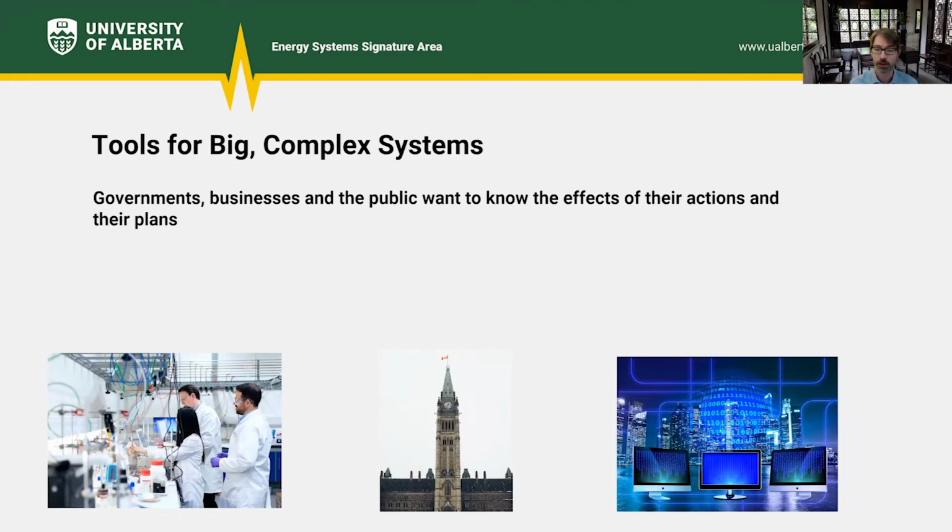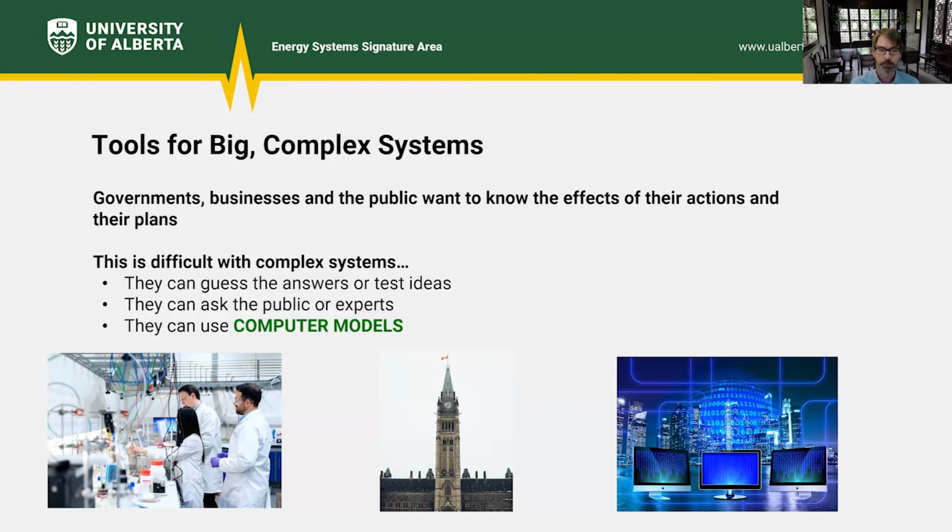So then we have these big complex systems. How can we actually understand them? Well, of course, governments, businesses, and the public want to know the effects of their actions and their plans, both in the near term and in the longer term. And they have a couple of different ways of trying to figure out these effects. Of course, this is difficult with complex systems. And so some options are just to guess the answers, use a sort of gut feel.